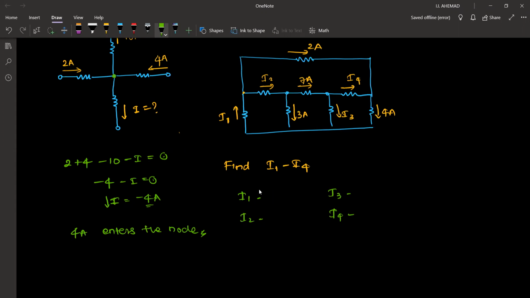Therefore, what should be I2? See if you have got this answer.